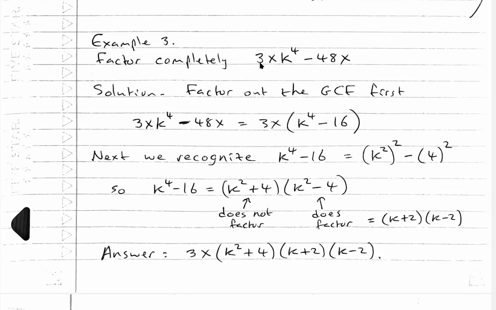So from the numbers, we have a 3 and a 48. 48 is 3 times 16. So 3 is a common factor. From the letters, they have x's in common. So the greatest common factor is 3x.